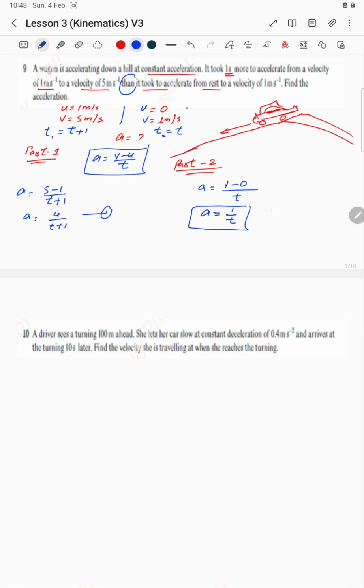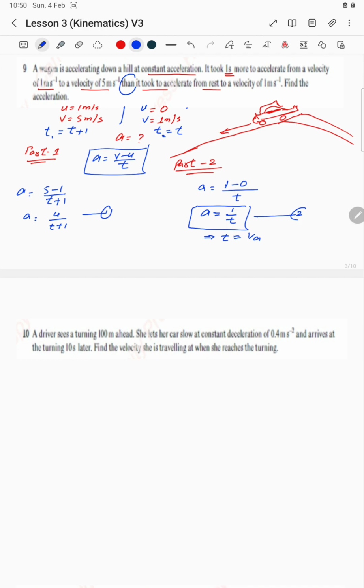We are looking for acceleration, so let's simplify and equate these two. t is equal to 1 over a, right?